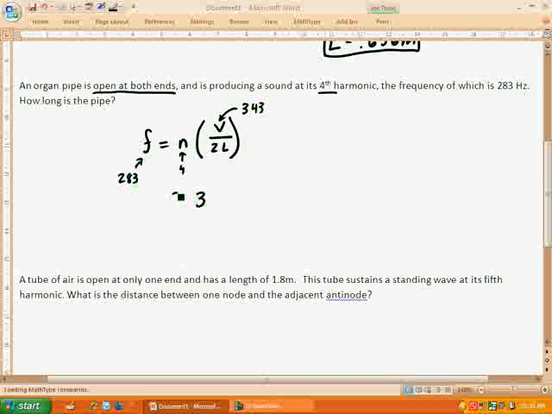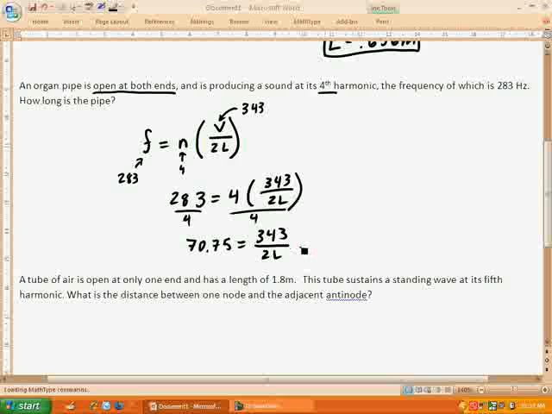So 283 is equal to 4 times 343 over 2L. Alright, so we'll divide both sides by 4, and that gives us 70.75 is equal to 343 over 2L.